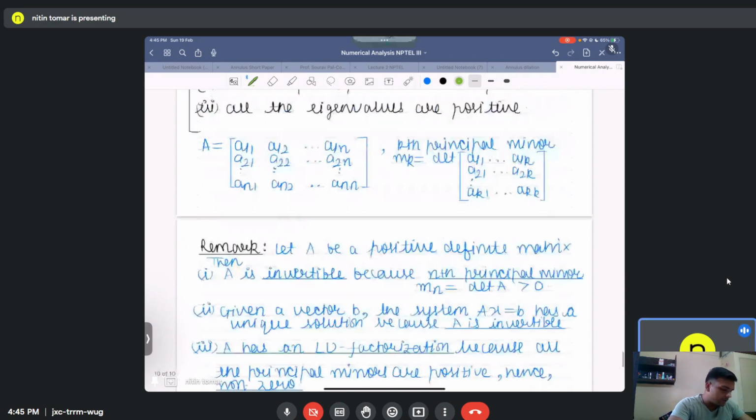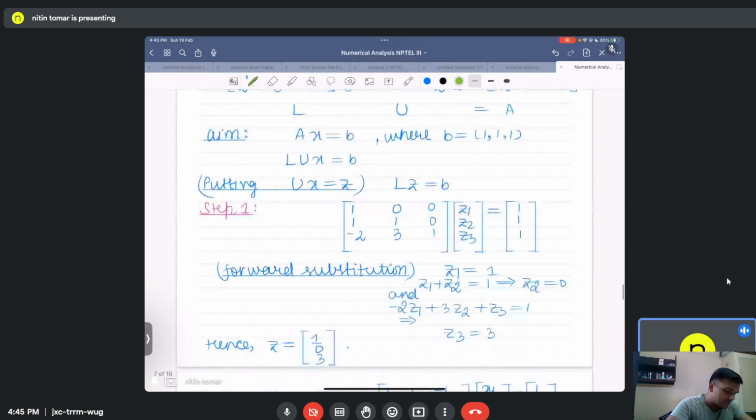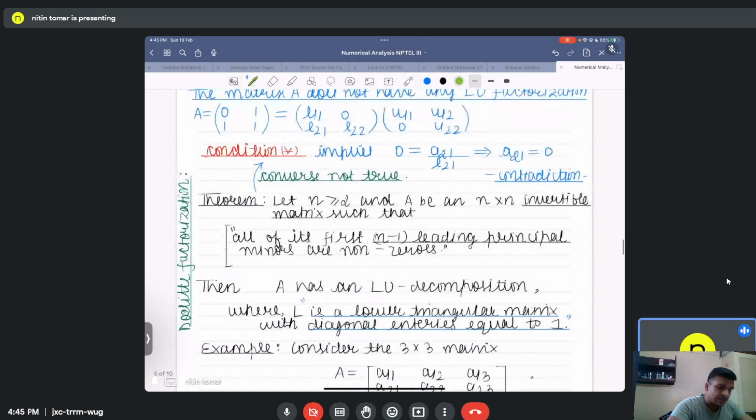Okay, let us go back to that theorem. What is the condition? The first condition is A has to be invertible, correct? Every positive definite matrix by definition is invertible. Now, what is the second condition for Doolittle factorization? All of its first n minus 1 leading principal minors are non-zero.